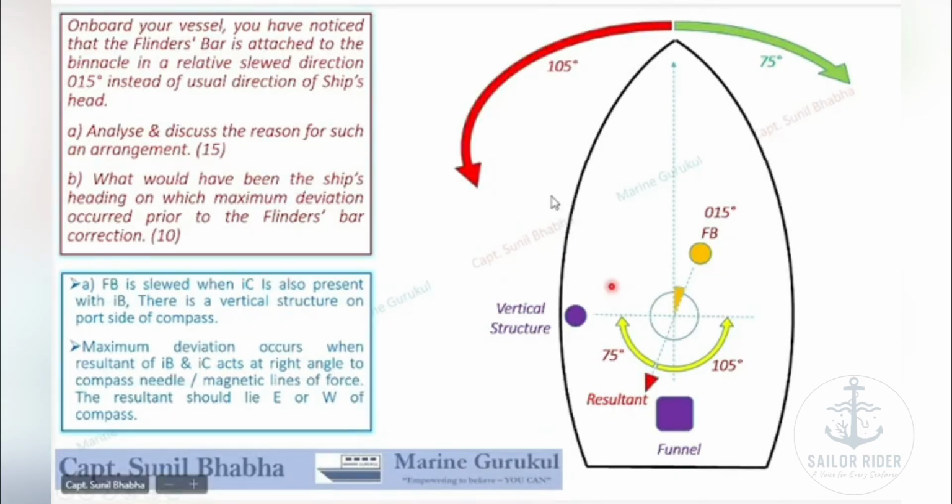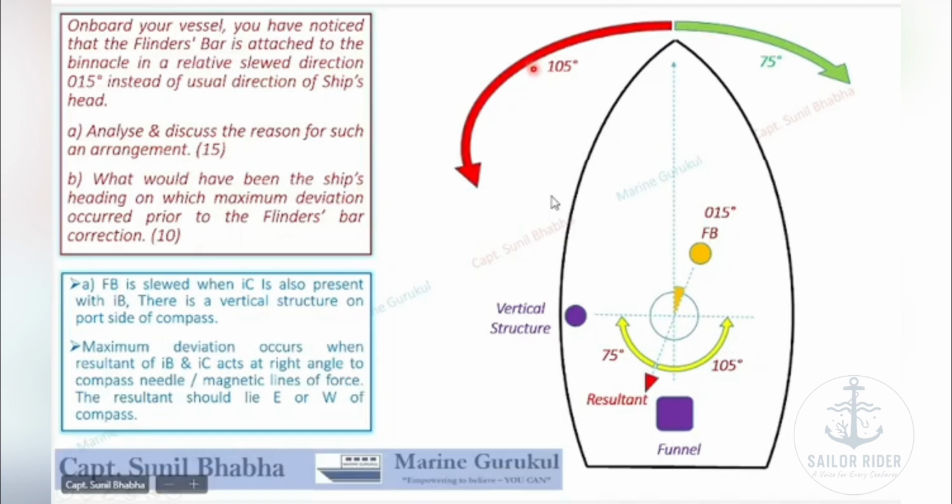And that tells us that if we do an alteration of 105 degrees to port, represented by the red colour arrow, the resultant would be exactly east of the compass needle at right angles to the magnetic lines of force, generating maximum deviation.